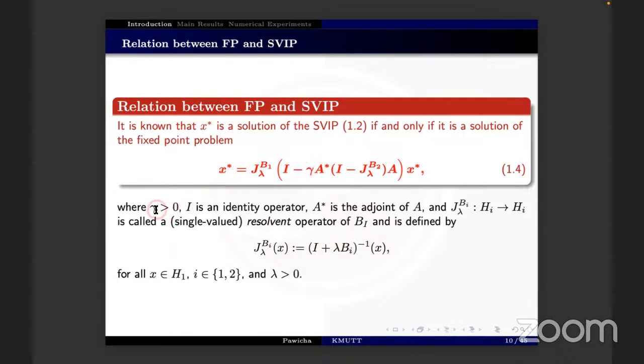Gamma is a positive constant and a step size, I is the identity operator on Hilbert space H1, and A star is the adjoint of the bounded linear operator A.